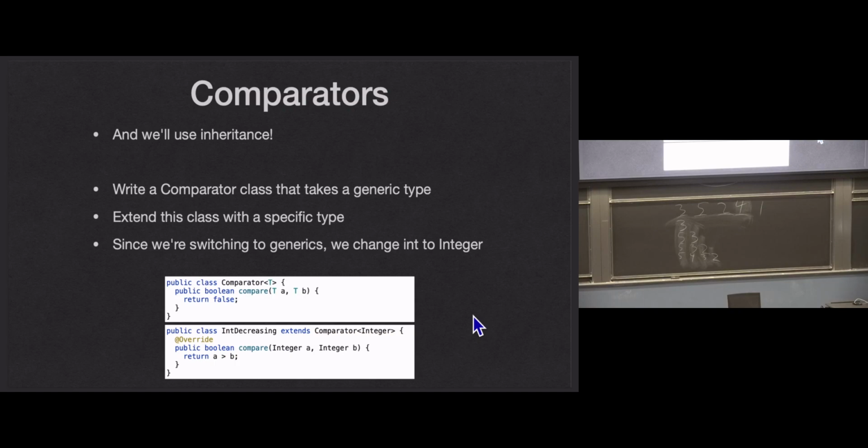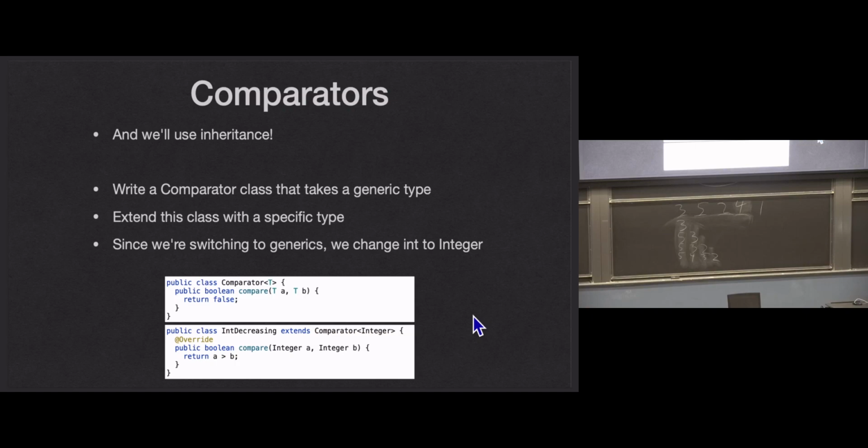So, all right. This is our inheritance, and then we can extend comparator of T. The advantage of doing this is we can extend comparator of T with any type and write any compare method. What we're building up to is being able to use these comparators to sort any type in any way.